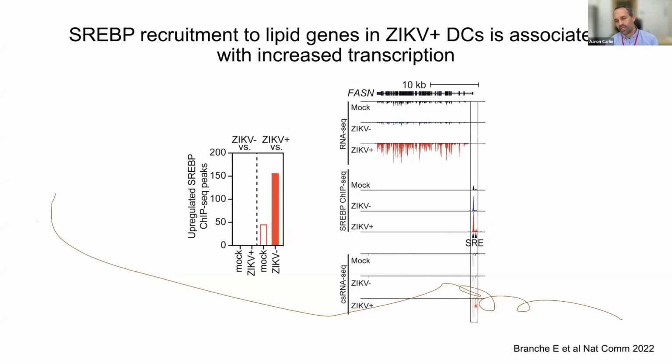You see accompanied upregulation of csRNA-seq, so increased nascent transcription immediately adjacent to those binding sites, and then increased production of the SCD or the FASN gene and only in Zika virus positive cells. So again, correlating this increased recruitment of SREBPs to increased nascent transcription to increased production of the gene.